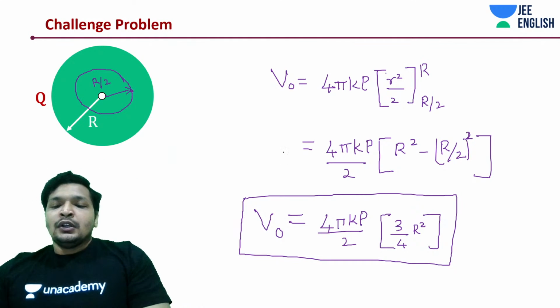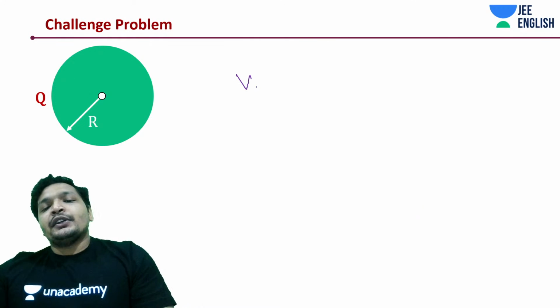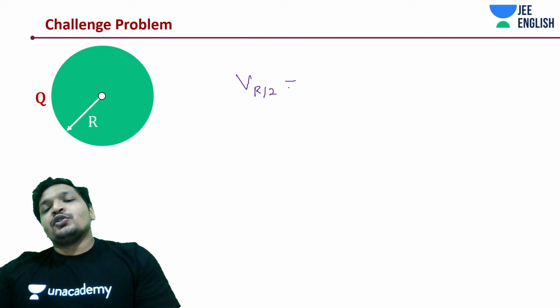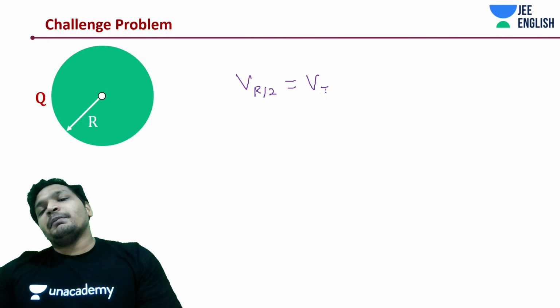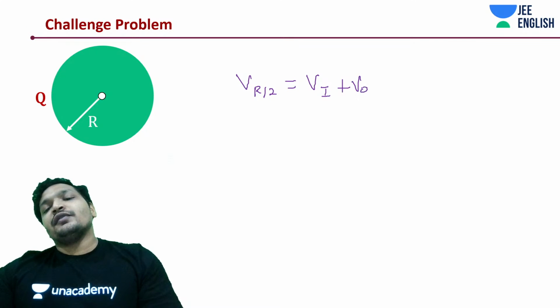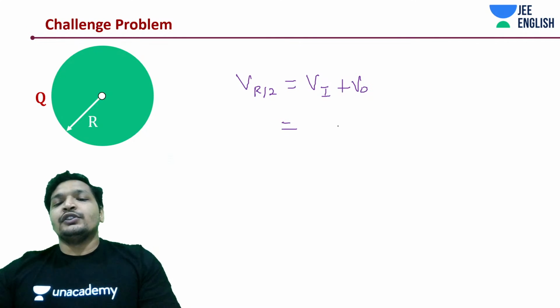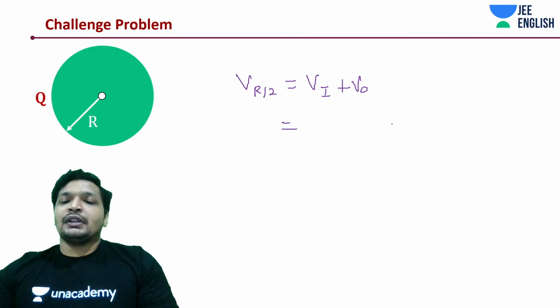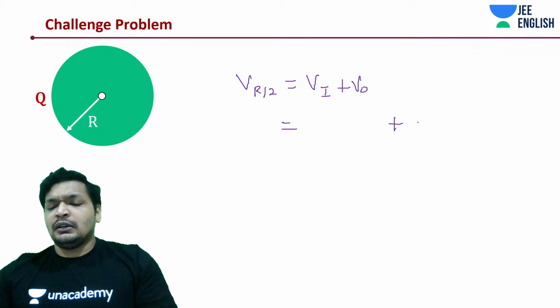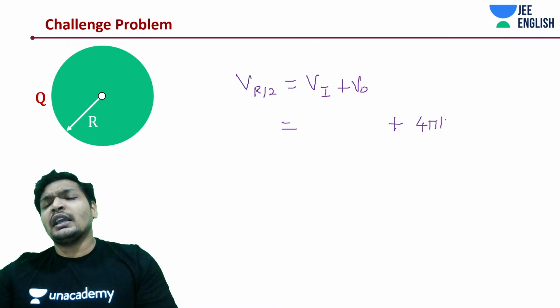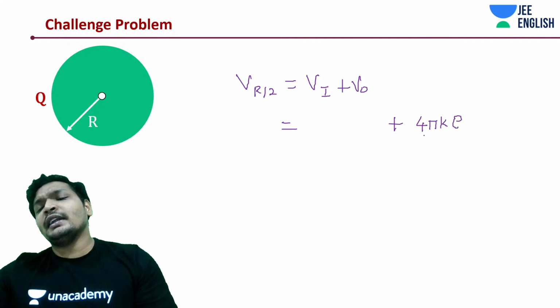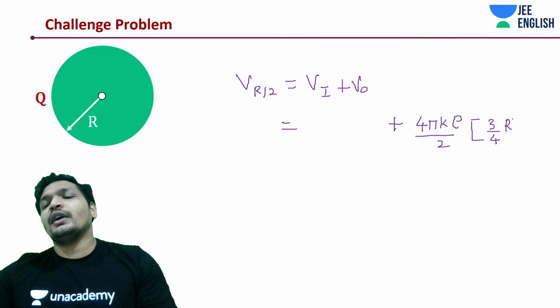Okay. So now at r by 2 distance, I'm going to add up two things, which is going to be V inner plus V outer, and V outer we just found out the value to be something like 4 pi k rho divided by 2 into 3 by 4 r square.